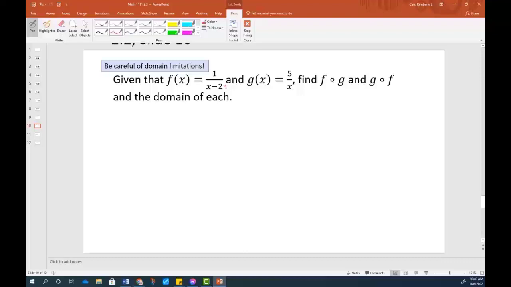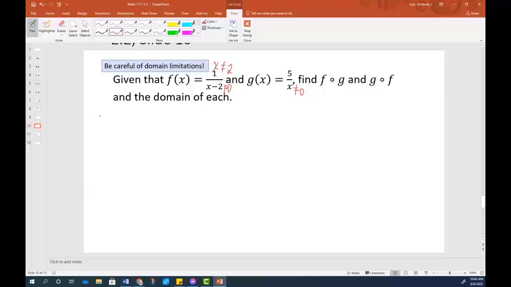And if x minus 2 cannot be 0, then for f of x, I know x cannot equal 2. Now, additionally, over here on g of x, x is in the denominator, and x cannot be 0. Now, this is not necessarily the only thing we need to look at with domain. We have to look at their domains individually as well as when we put them together.